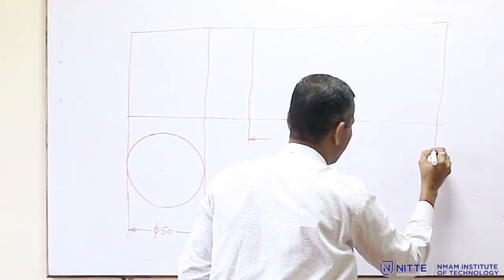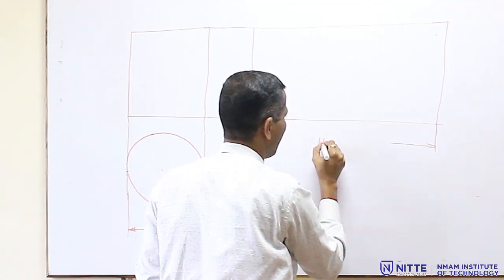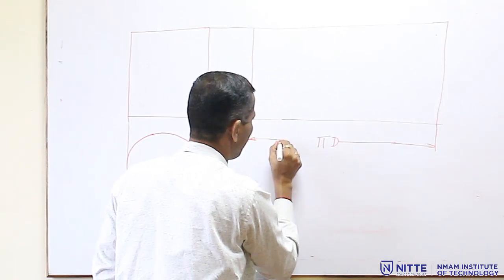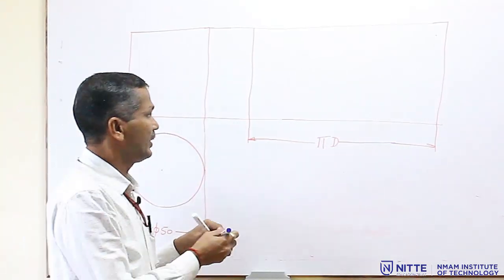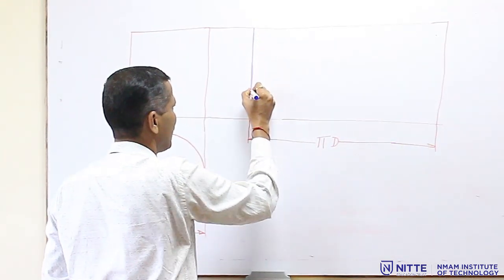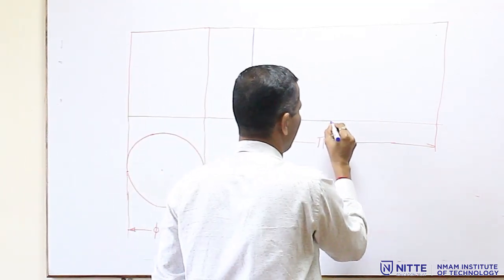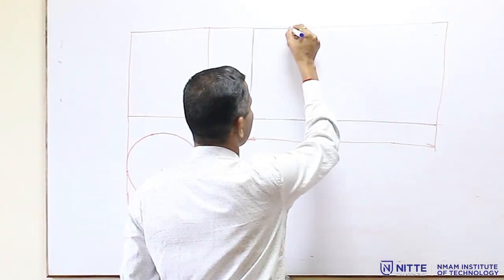So, this length is equal to the circumference, pi into d. So, this is the development for the cylinder. Its length will be pi into d, and this part you have to make dark. It becomes a rectangular piece like this.